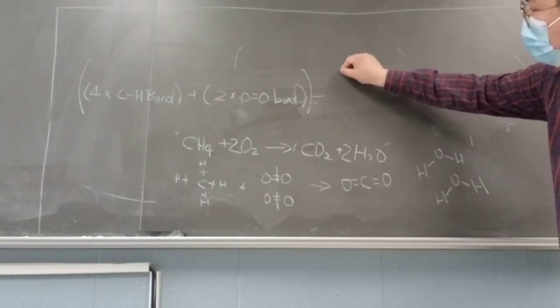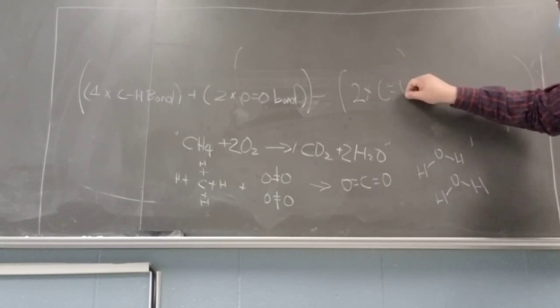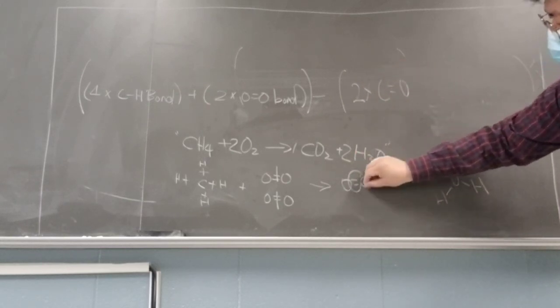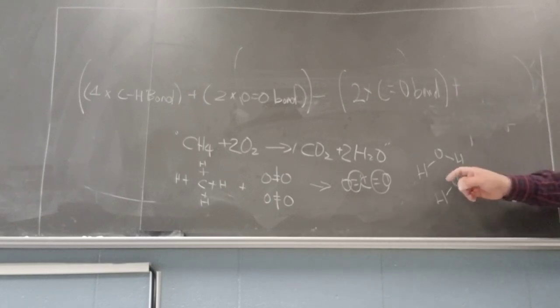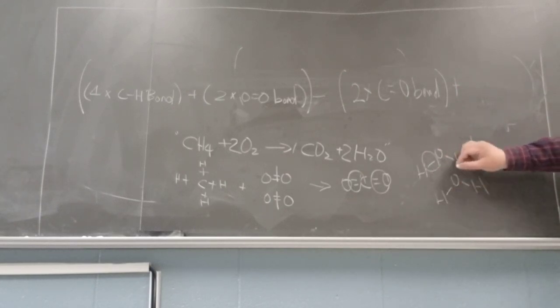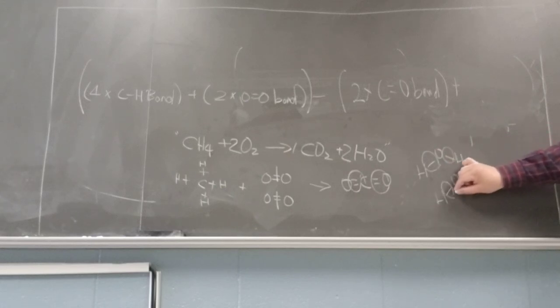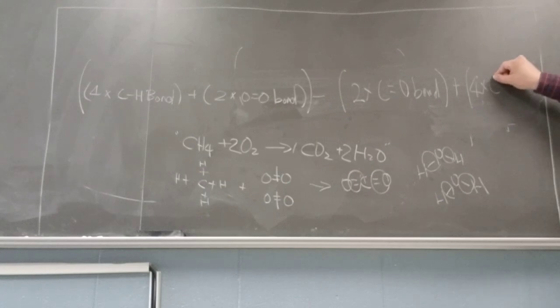There will be 2 carbon-oxygen double bonds. There are 2, right? 1 and 2. So times 2. And plus, there are oxygen-hydrogen single bonds, which will be 1, 2, 3, and 4. So it will be 4 times the oxygen-hydrogen bond enthalpy.